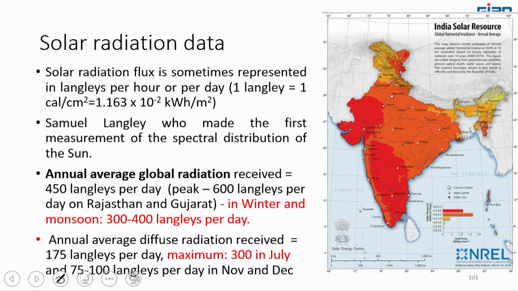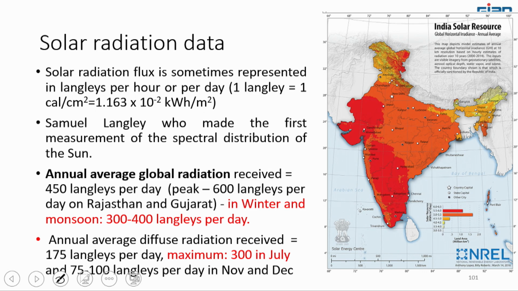One Langley is 1 calorie per centimeter square, which is equivalent to 1.163 × 10^-2 kilowatt hour per meter square. You can see the annual average solar radiation received in Langleys is about 450 per day, and the peak is about 600 Langleys, while in winter and monsoon it is about 300 to 400 Langleys.